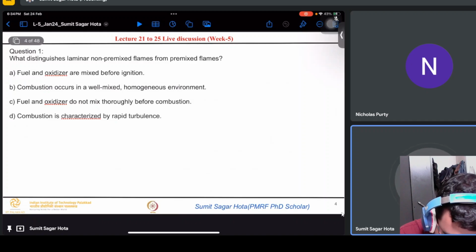What distinguishes laminar non-premixed flame from premixed flame?